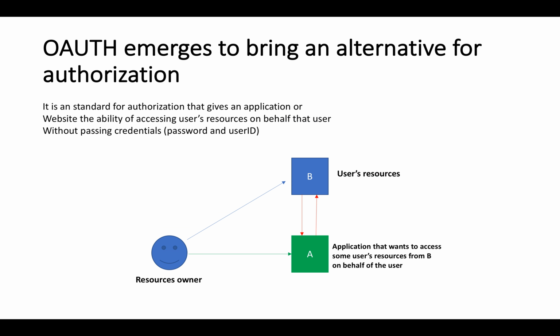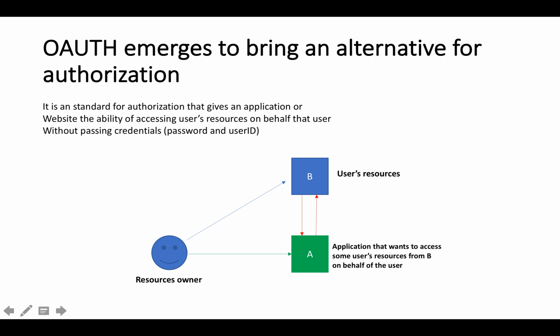There's where OAuth appears. And OAuth is an alternative for handling this situation in which an application or website has the ability of accessing user resources that are located on a specific server on behalf of that user without passing credentials.